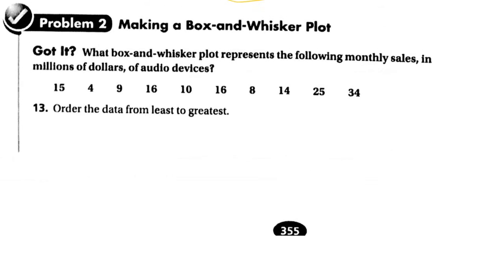The first step that we always want to do is order the data from least to greatest. So our minimum value is 4, and our maximum value is 34. Now we have to fill it in.